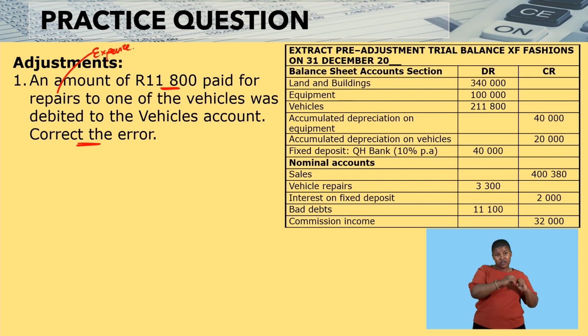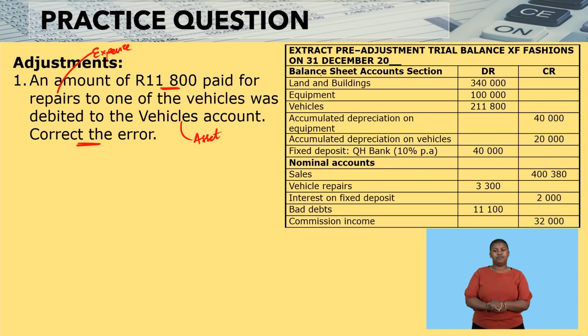Repairs are an expense, but vehicles are an asset. So we should not debit an asset account with an expense. Rather, an expense should be recorded in the expense account. So what we did of debiting the vehicle's account with repairs of 11,800 is incorrect.